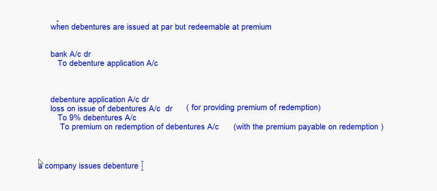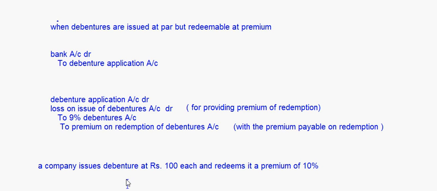So debenture at ₹100, right? Okay, each, and redeems it at a premium of 5% or let's say 10%. So redeems it at a premium of 10 rupees means when the redemption is done, they have to pay 110 rupees for one debenture. That's what it means.